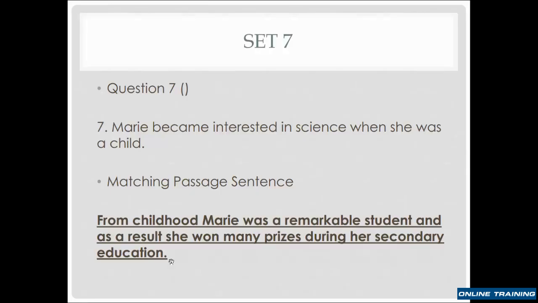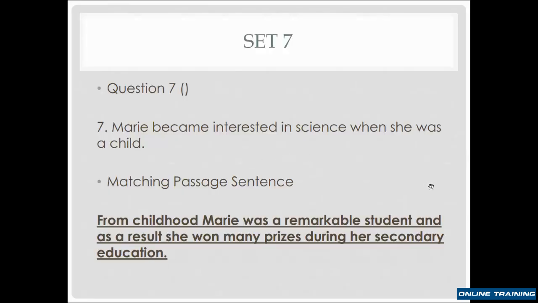If it were false, it would say that she began to like history when she was a child. That would be false, because our question says she became interested in science, and then our passage would say she became interested in history. That's an example of false. Something has changed or something is different. Okay? So that's how you have to understand it when it comes to the yes, no, not given question.